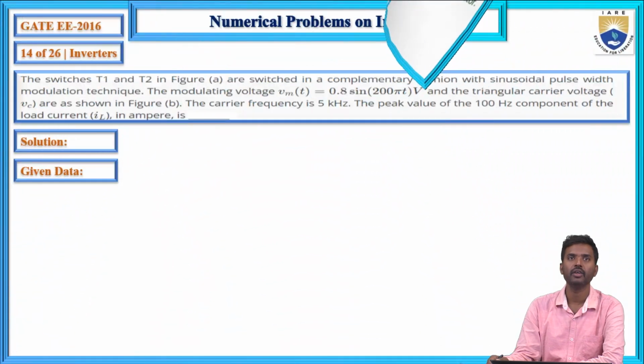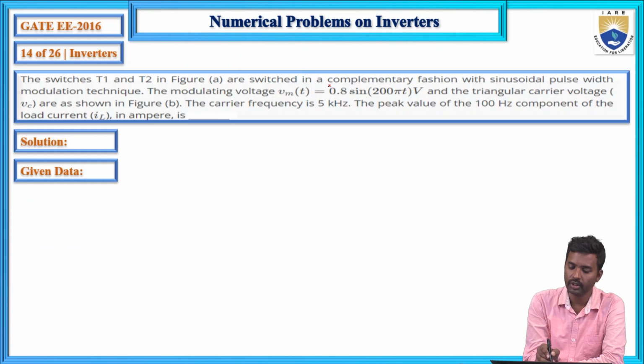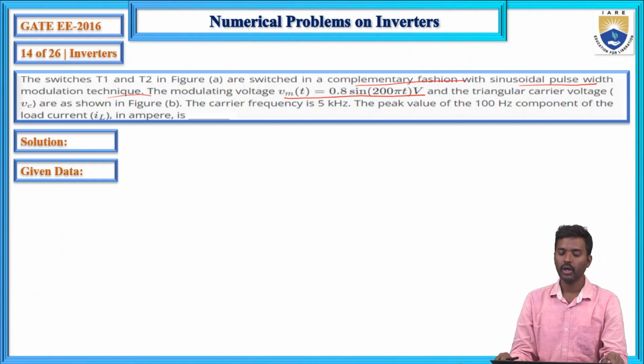And next, the 14th question. The switches T1 and T2 in the figure operate in complementary fashion, using the sinusoidal pulse width modulation technique. Now V0 equals 0.8 sin(200 pi t) volts.